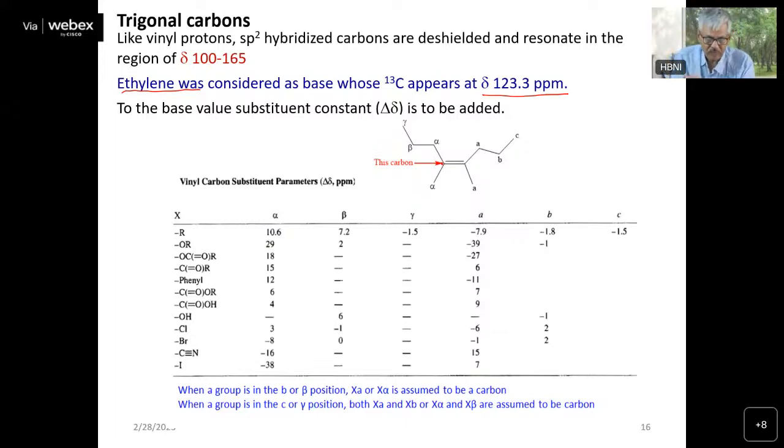Now, when a group is in the B position or beta position, alpha and A will be carbon substituents. When the group is at the C or gamma position, both alpha, beta, and A, B are carbon substituents.